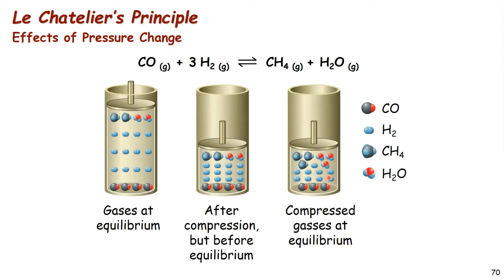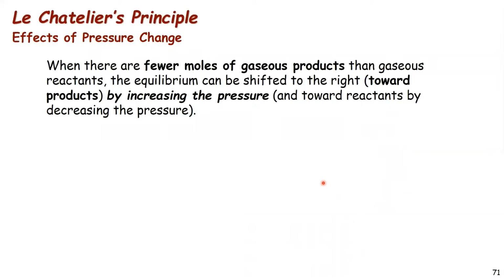Okay. So when there are fewer moles of gaseous products than gaseous reactants, the equilibrium can be shifted to the right by increasing the pressure. And again, towards the reactants by decreasing the pressure. But there has to be a difference in gas molecules.